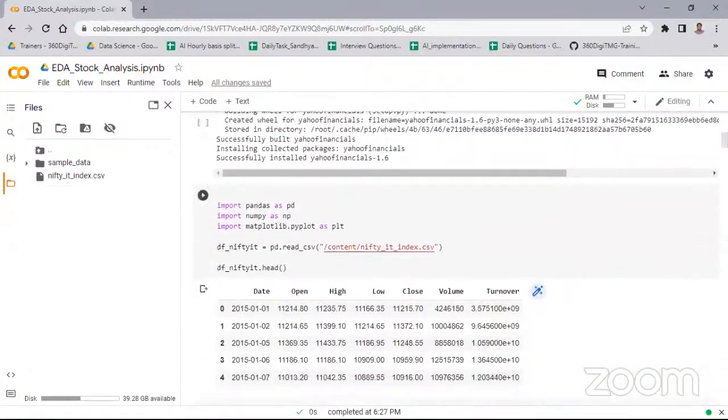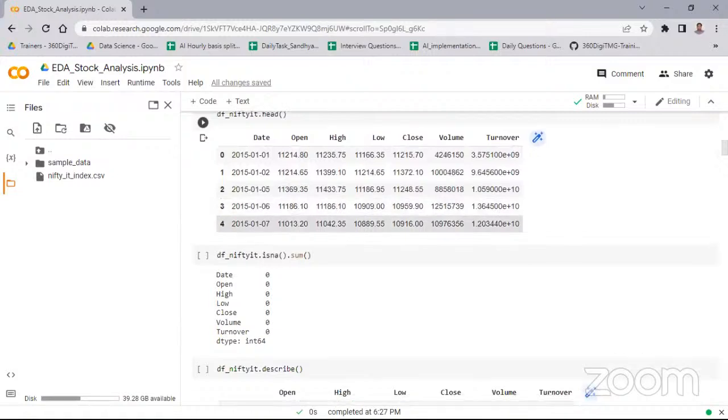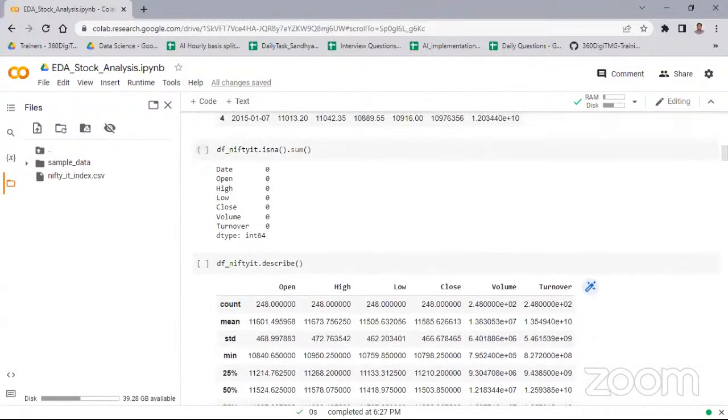So here I'm considering the Nifty IT index. The value looks like this, and I'll be checking whether the data has any null values. Null values means the cell might be empty.